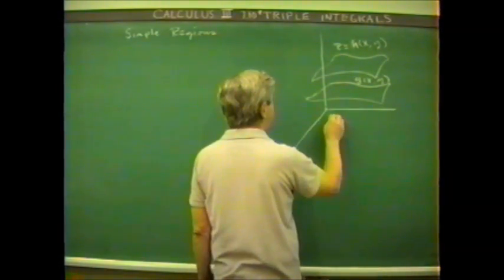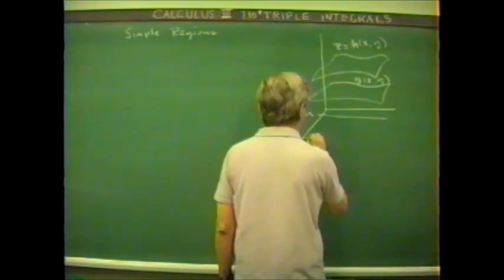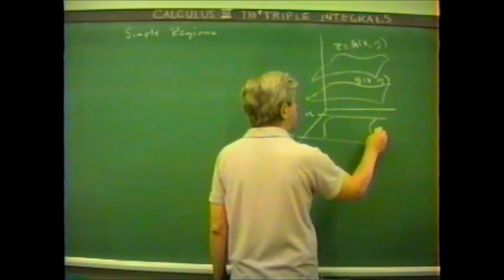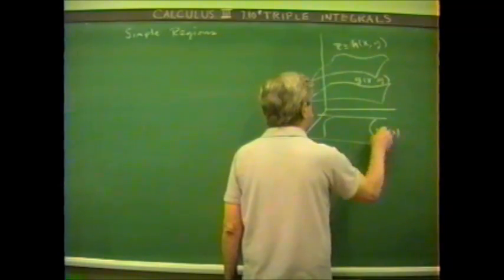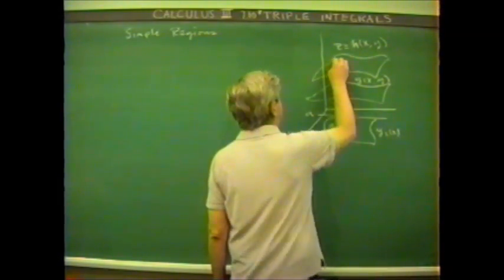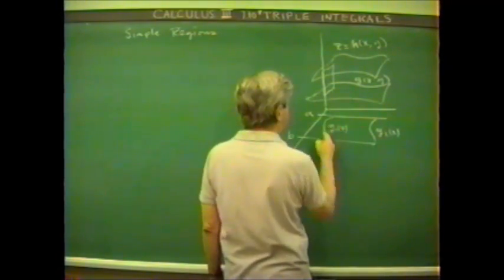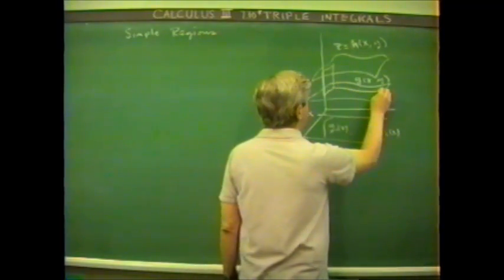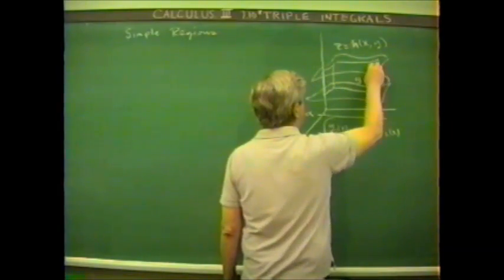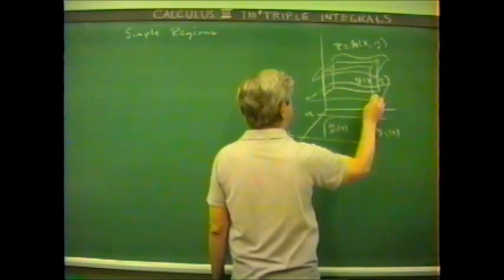And then when we come down here, it can be between, for example, a and b, and between two functions of x, let's say y1 of x and y2 of x. So our region is all these points up here between a and b, between y1 and y2, and between g of x and y and h of x and y.